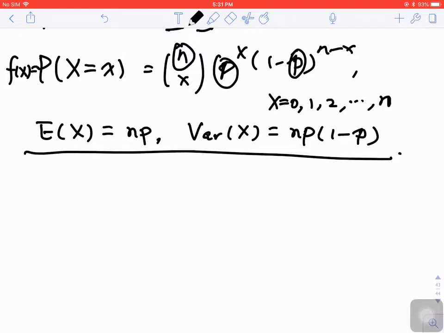Now we have introduced the binomial random variable and the Bernoulli random variable. After that, we learned the third discrete distribution, called Poisson. The Poisson distribution counts the number of arrivals or the number of occurrences within a sampling unit.